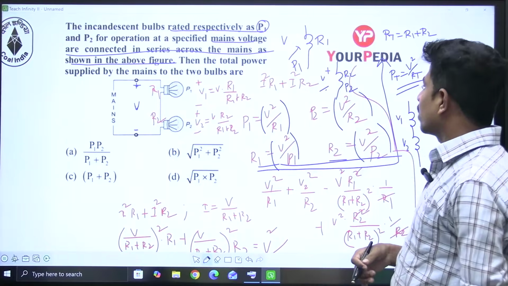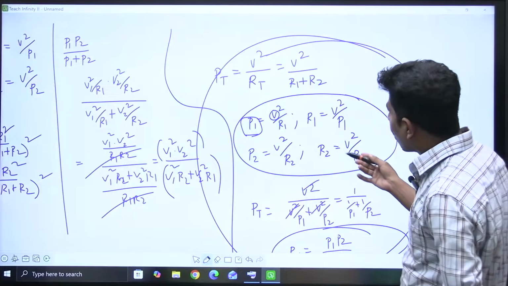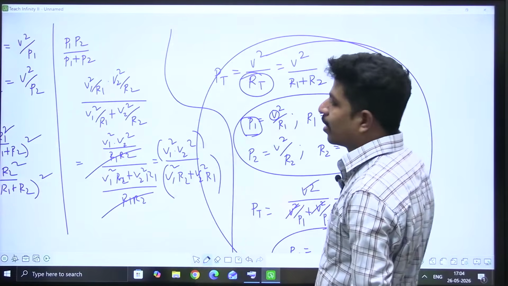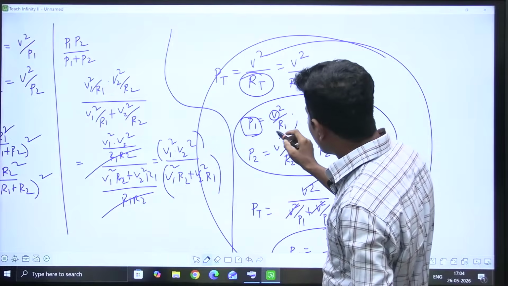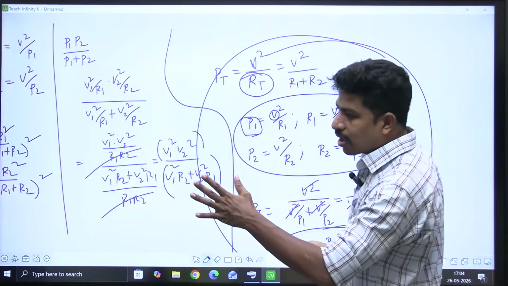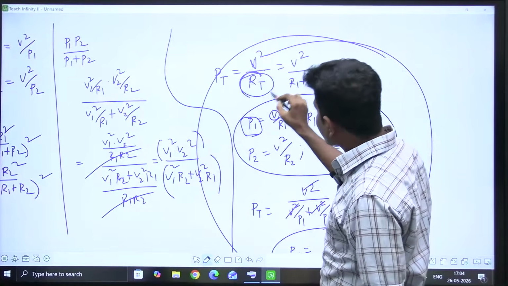Now how much power is this one taking? That is already added here. Why? Because now no more simple resistance, total resistance is considered. See, V is the total voltage, not the voltage across R1, not the voltage across R2, total voltage. Now total resistance I considered here.